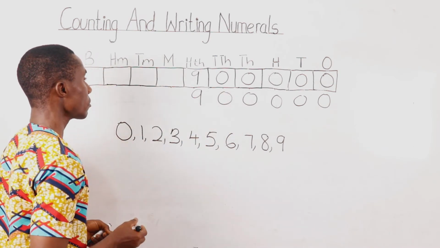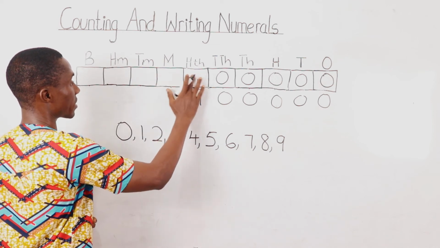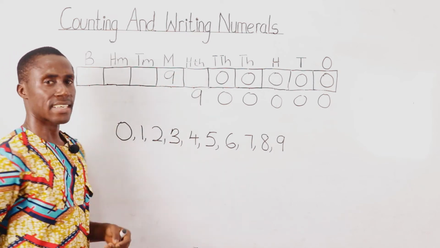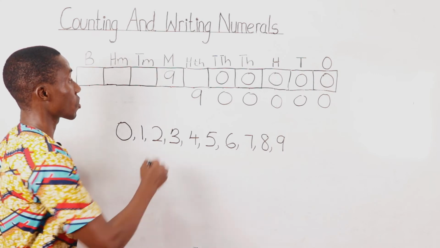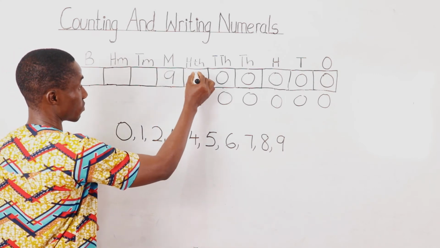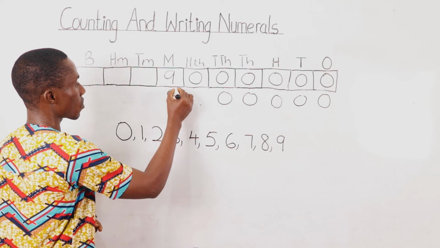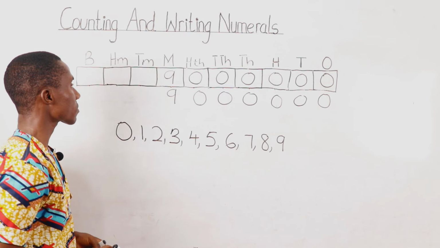If the 9 were to be in the millions place, then we are going to have 9 millions. And so the 100,000s place will go to 0, and we're going to have 9 millions.